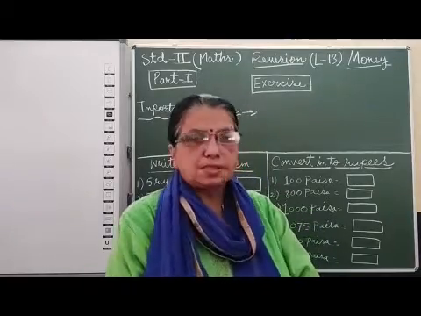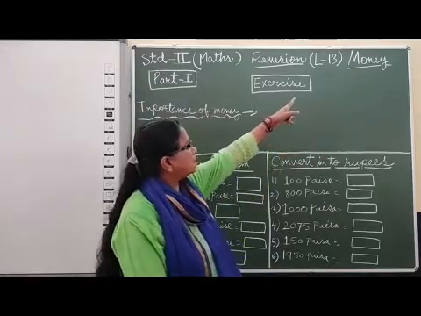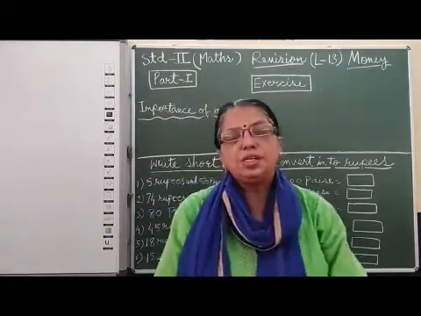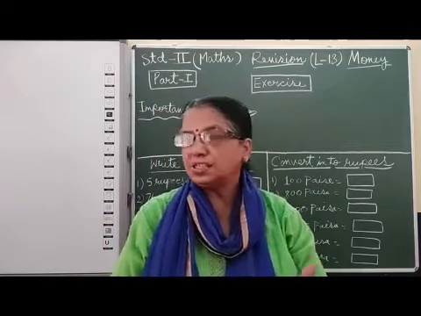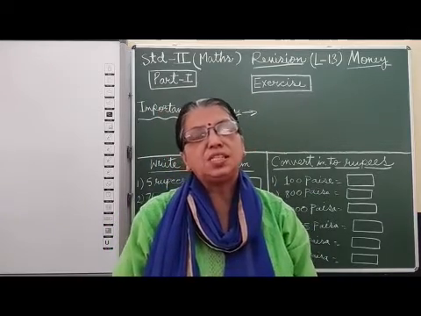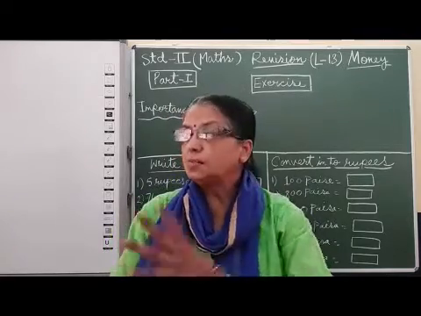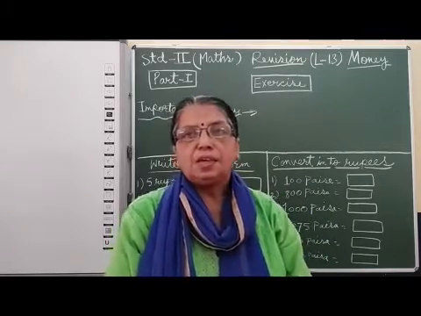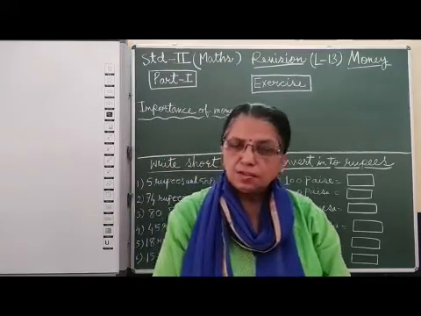Today, in maths, we will do revision of chapter number 30, money. As we know, previously also we have learned about the money chapter, that money is such an important thing which is needed for all of us, because without money we cannot buy anything. So money is needed, and for that your parents are working hard.